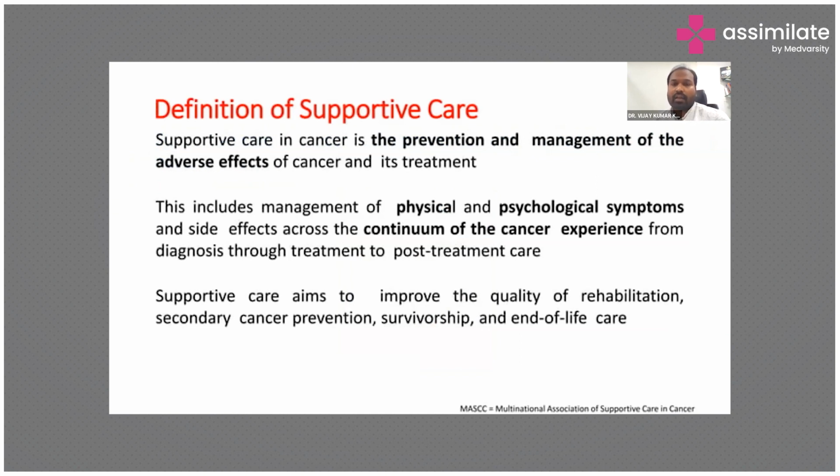When the patient is in the last stages of his life, when there are no treatment options, at that time we need to support the patient and treat his symptoms. We need to give the patient the best possible quality of life. That is called supportive care.